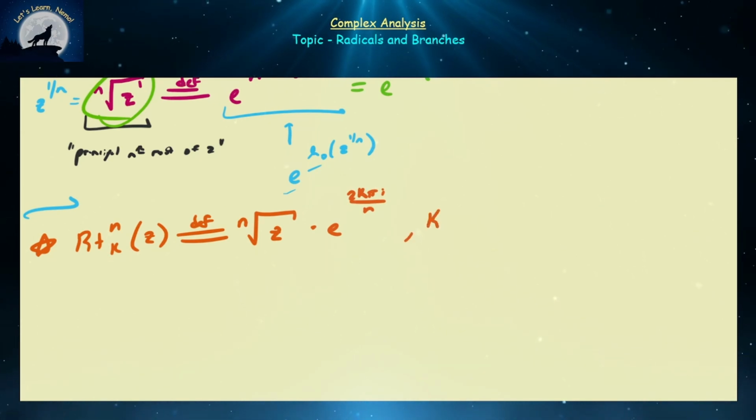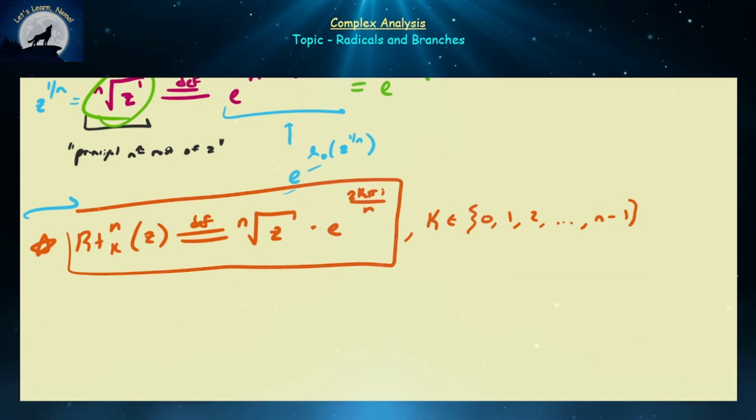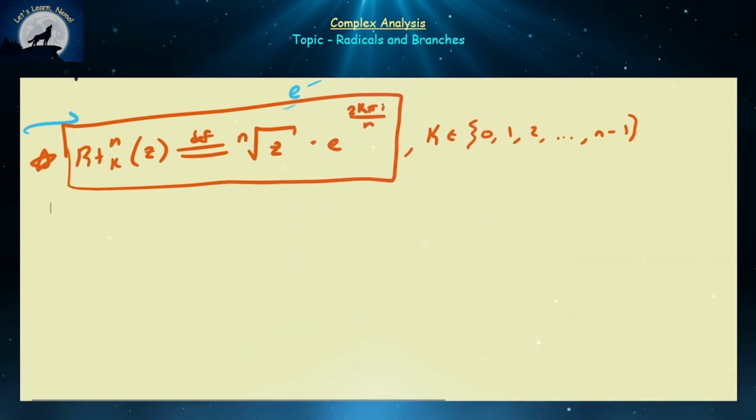Right, and again, k will range from 0, 1, 2, all the way up to n minus 1. So this is going to be our newly defined function, the complex multivalued radical function, and it's going to solve exponential equations for us.